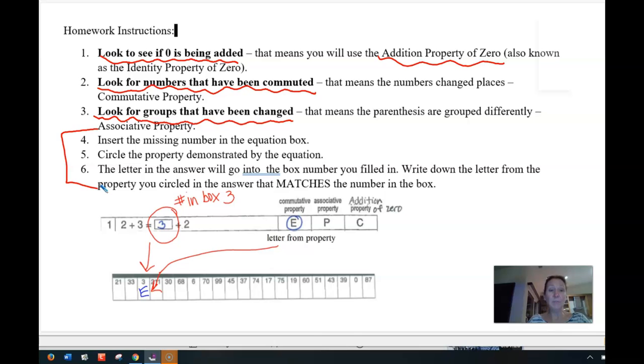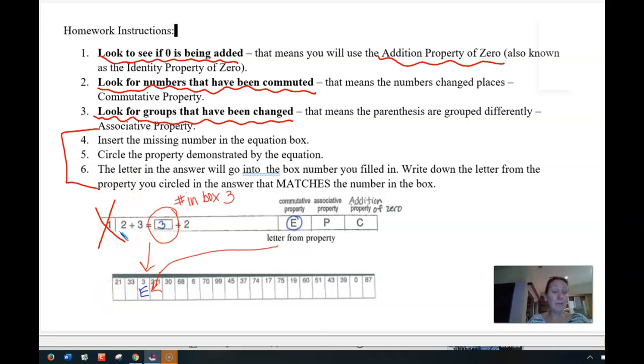Now, this is specific to the homework. You're going to insert the missing number in the equation box. So I did the first example for you. Notice it's 2 plus 3 equals blank plus 2. The left side has to be equal to the right side, so I know 3 is the missing number. So I insert the missing number in that box. Then I circle the property. The 2 and the 3 changed position, so it was commutative. So I circle the C for commutative, and then down here at the bottom, I go to the box that has the number 3 in it, right?